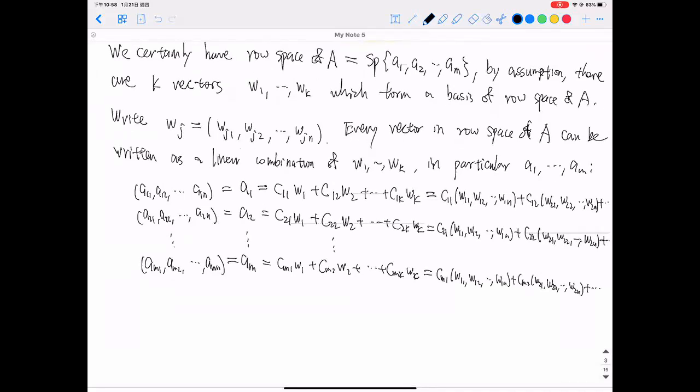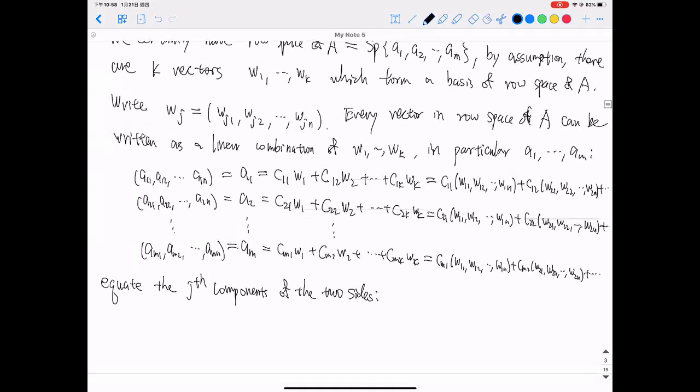Now, here's what we're going to try to do. We'll equate the jth component of the two sides, right? For example, if j is 2, like in the first equation, we'll be looking at the term A12.